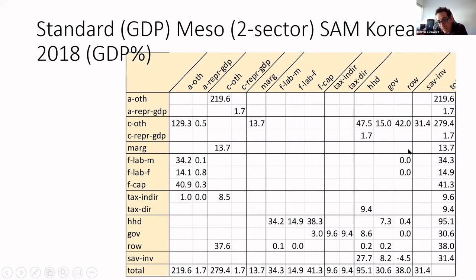And then the transactions related to factors and institutions are covered in the integrated economic accounts, or in the government budget, or the current account of the balance of payments. For example, the transfers from the rest of the world to the households, like remittances, are part of the current account of the balance of payments.